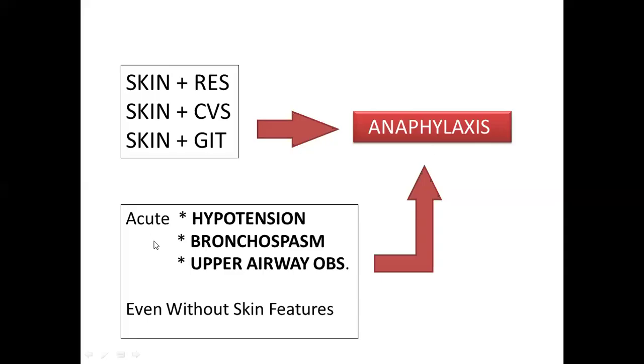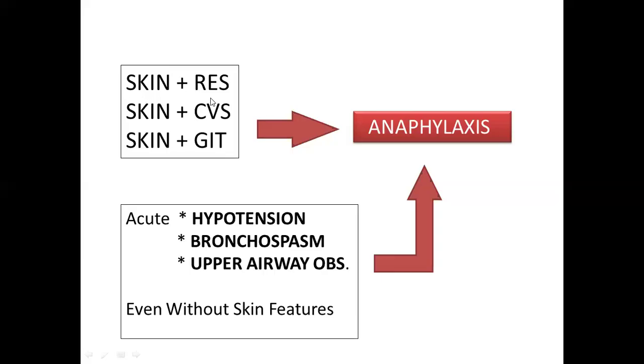The second part of the definition is any acute hypotension, any acute bronchospasm, any acute upper airway obstruction, even without skin features, taken as anaphylaxis, right? Usually the teaching is that two-system involvement after a possible exposure is taken as anaphylaxis. There are four systems considered for anaphylaxis diagnosis: skin, respiratory, cardiovascular, and GIT, right?